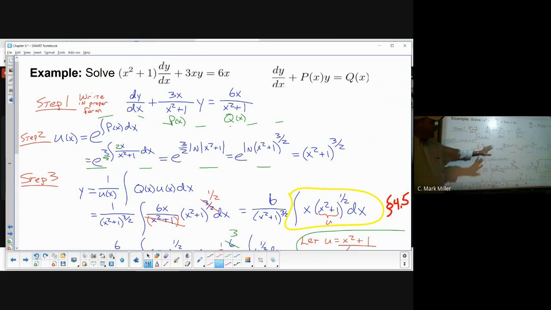This differential equation is not separable. You could try to separate it, put the x's on one side, the y's on the other, but everything you're going to see is going to be in one of those three forms.